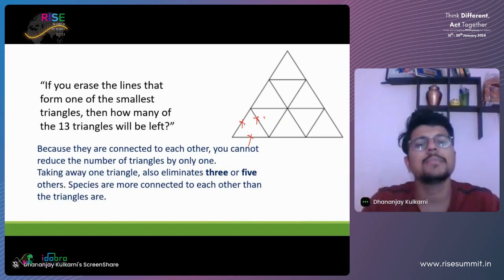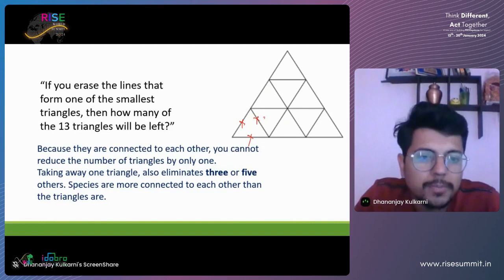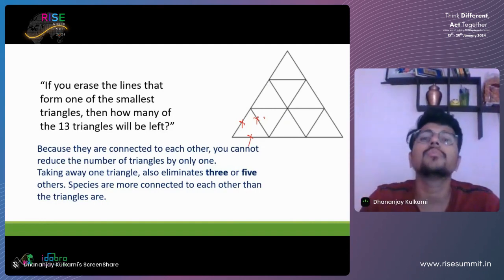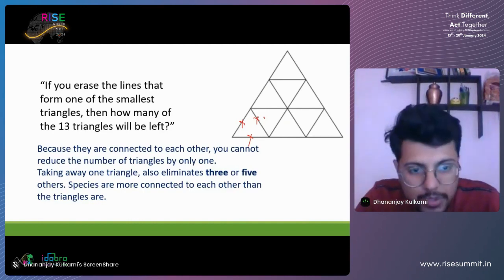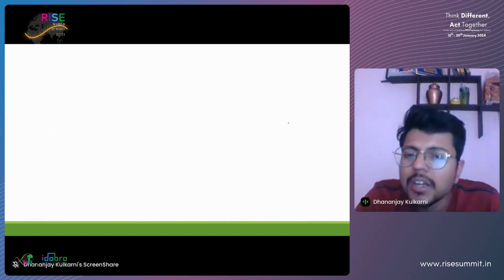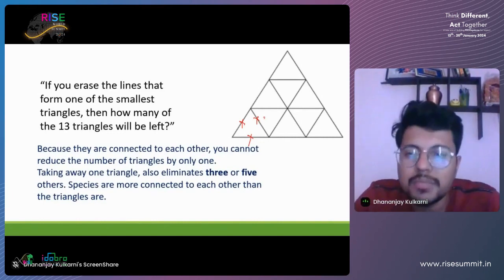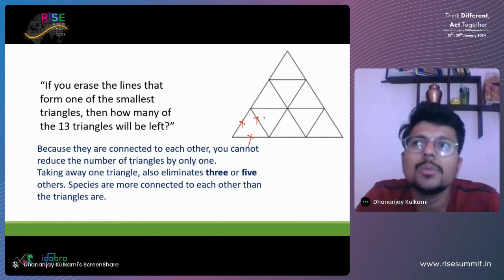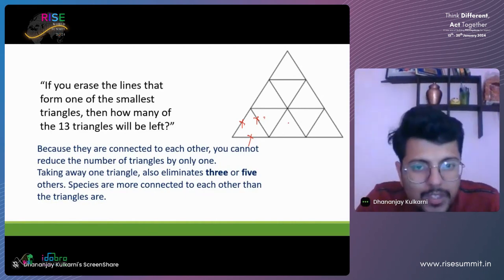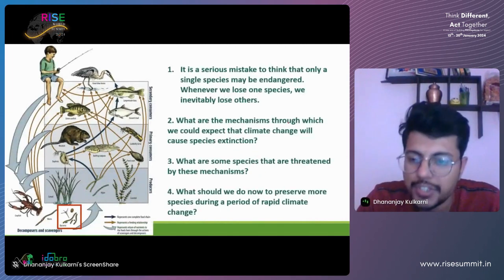This is very similar to species as well. Species are also connected with each other like these small triangles, and you cannot remove only one. If you remove one, multiple triangles get removed, multiple species get removed. Why I conducted this activity at the initial part of this workshop is that it is very similar to what happens in systems. We need to understand different elements and we need to understand the interrelationships.